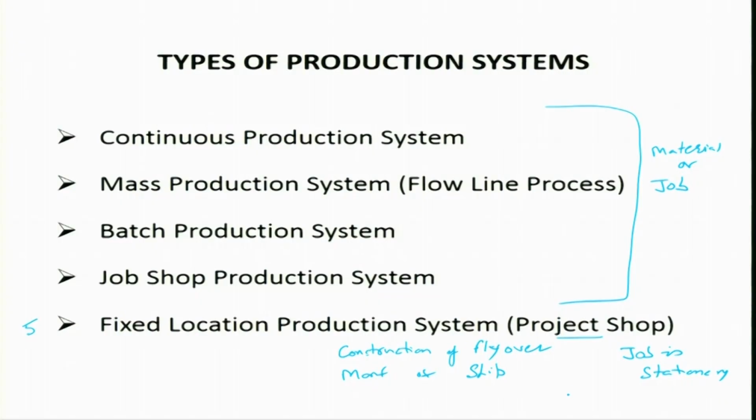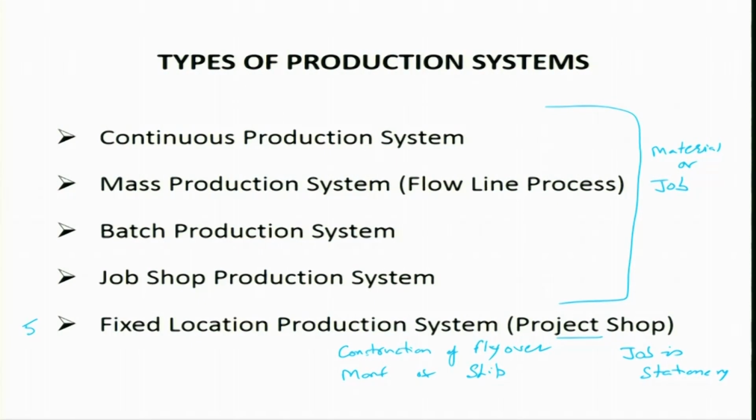In a fixed location system, a flyover is constructed at one place, so the job is not moving, or an aircraft is assembled at one place and does not move, whereas other components and parts come and add value to the product with the help of mostly portable equipment. So, that is the difference between the first 4 and this one. In the first 4, the jobs are moving whereas processes are stationary, whereas in the 5th case the job is stationary, whereas the processes are portable, they move and add value to the product.